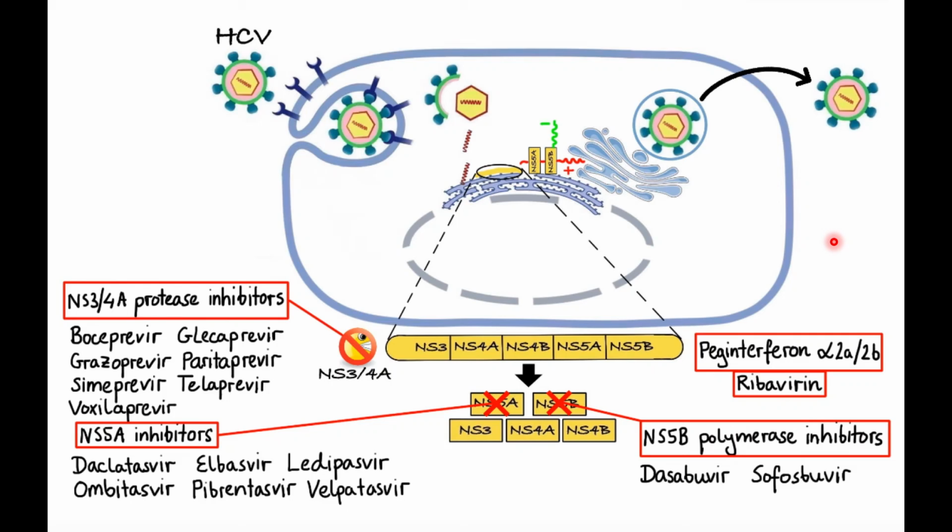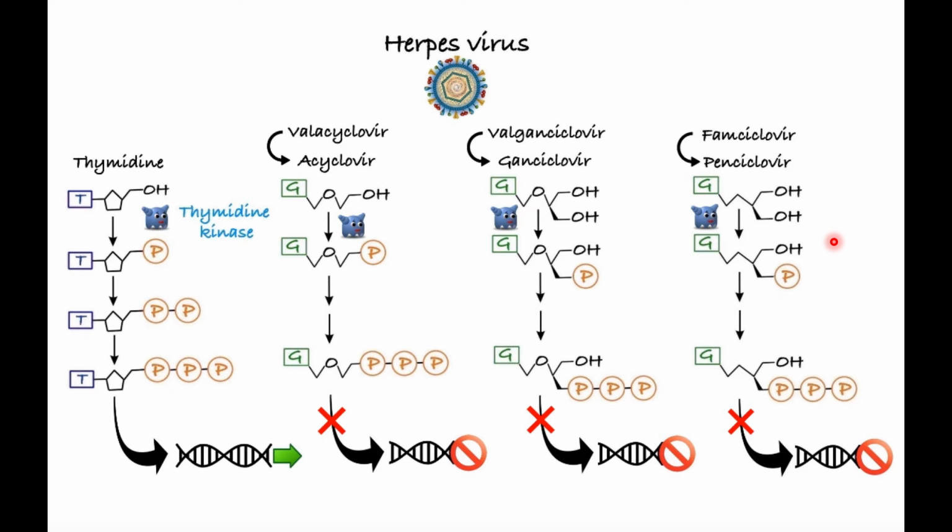And the last group is herpes virus, which is very common. The drugs used for the treatment of the herpes virus are usually analogs of thymidine, because thymidine kinase is an enzyme that will phosphorylate thymidine, and that is used for the viral DNA synthesis.